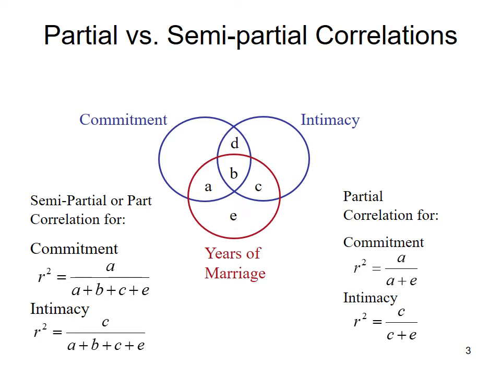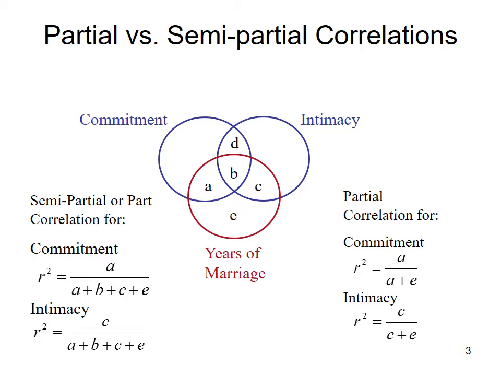So again, if there's variance in years of marriage that's being explained possibly by either variable or possibly another variable, we're removing all of that. So a partial correlation is only looking at the unique variance explained by a predictor in the combination of that unique variance and unexplained variance in the outcome. A semi-partial or part correlation is looking at the unique variance explained in the total variance of our outcome.